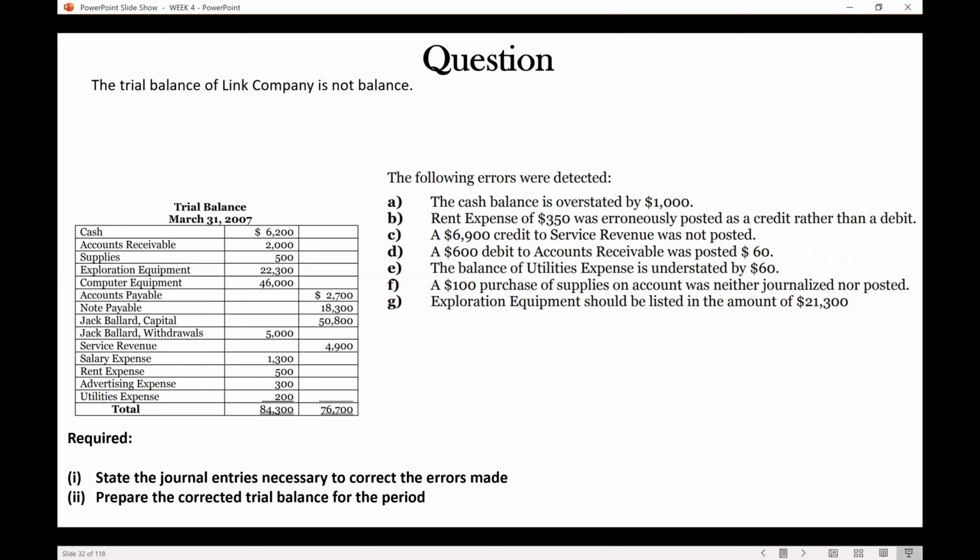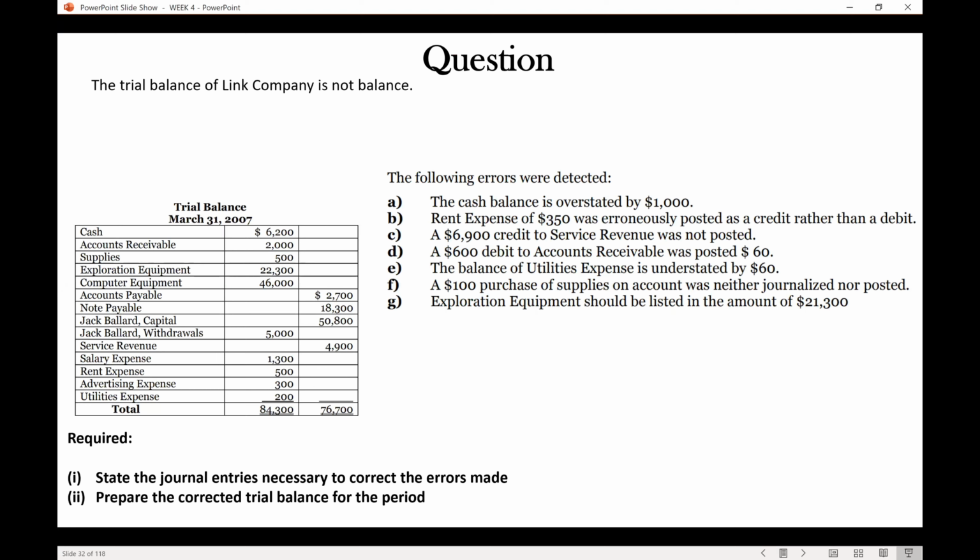So our next error is saying a $100 purchase of supplies on account, right? It was neither journalized nor posted. So here, are we having to do anything with suspense? No, let me answer that for you. Why?